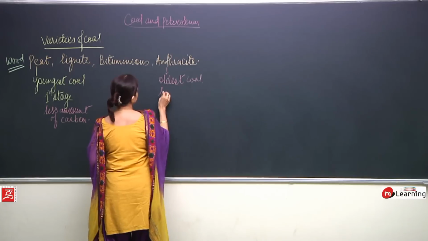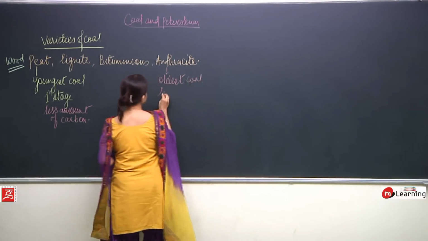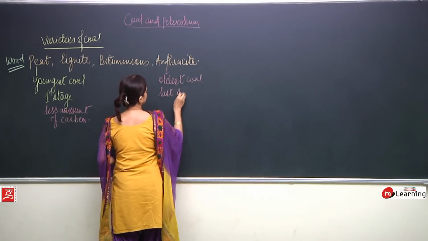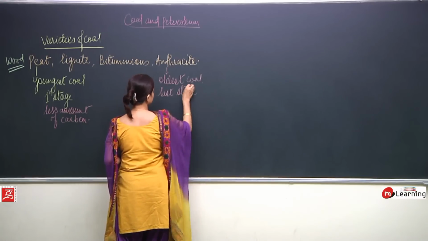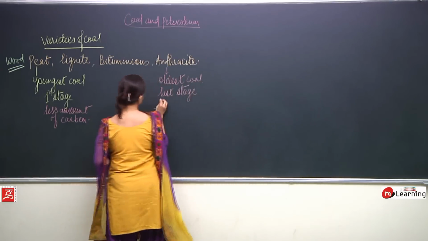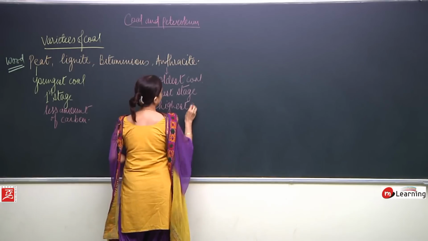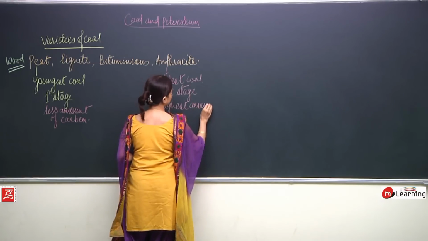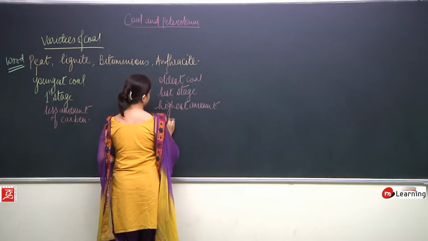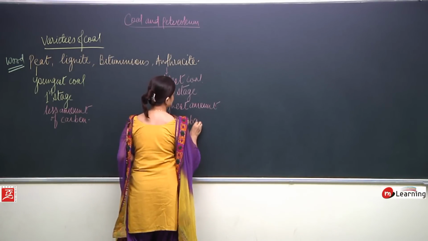This is the first stage, and this is the last stage. I have written less amount of carbon for peat, so for anthracite I can write: highest amount of carbon is present.